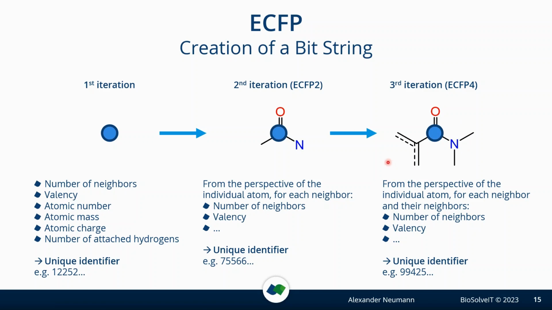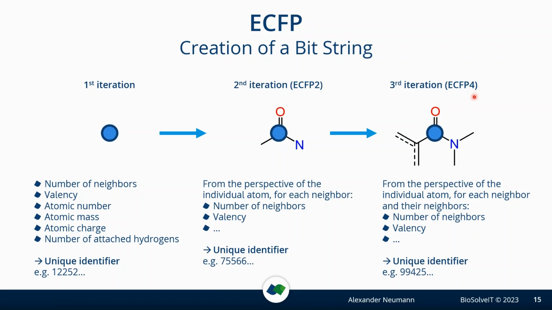There's also a little bit of background magic happening, just to make the story complete. Duplicates of connectors are removed, the connectivity and properties are described, and once we have everything done, we just translate everything into a unique identifier. We do it in each step until we've reached the desired variant number, so the diameter we want to parameterize.